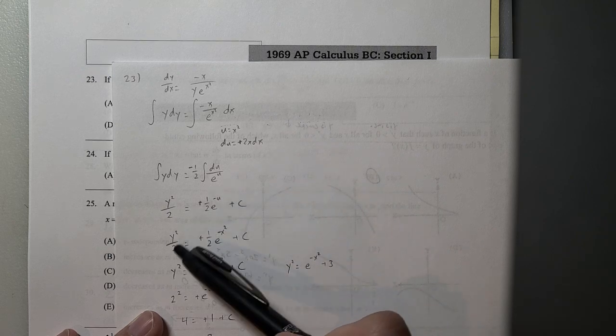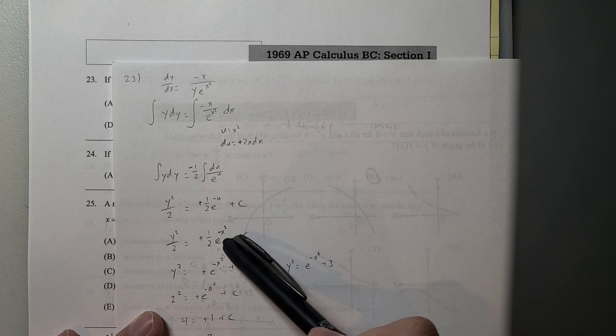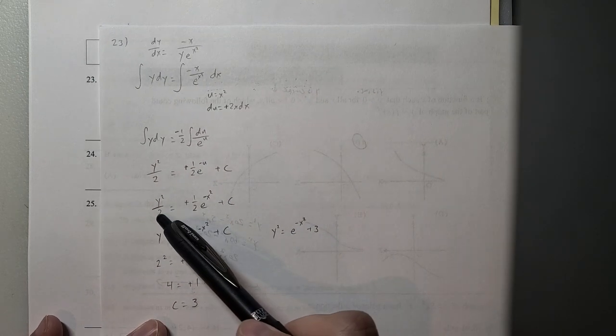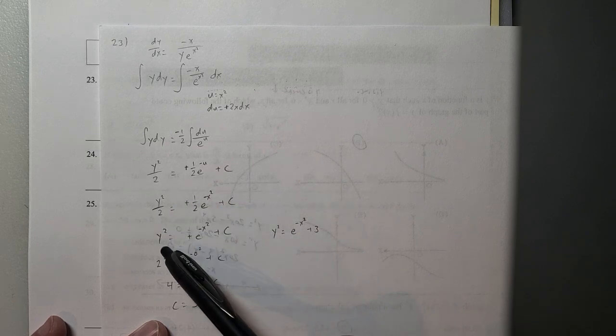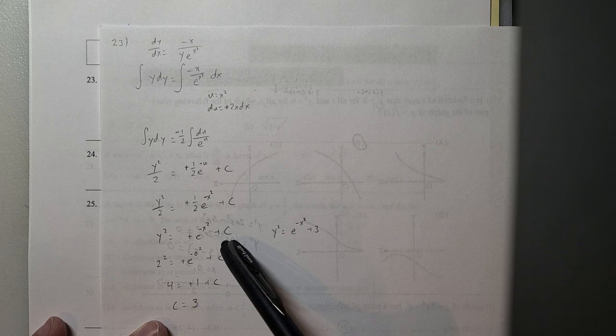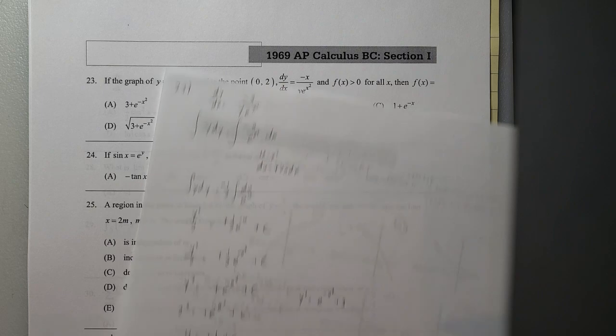We back substitute. Y squared over 2 is half e to the minus x squared plus c. We can multiply both sides by 2. Then we get y squared is e to the negative x squared plus c. They give us the initial condition 0, 2, so let's plug that in.